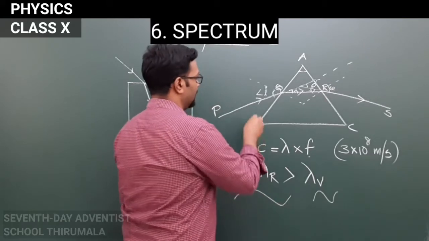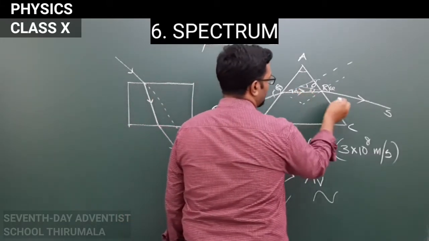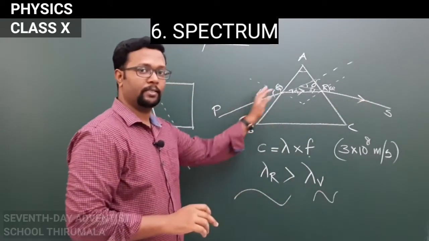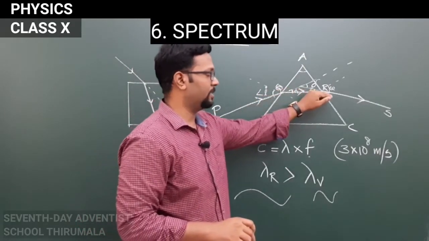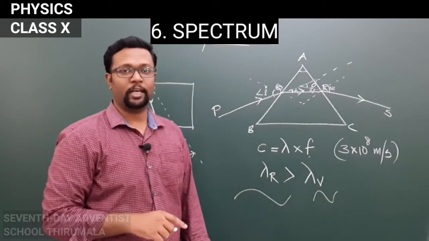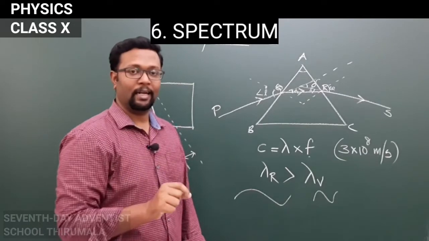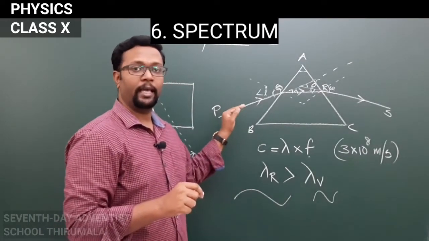Remember, here we have drawn this picture, and we said that PQ is a light ray. We see that PQ is actually passing straight inside the prism and there is no problem, because we are using a light ray of single wavelength, or single color, and that color is usually yellow.